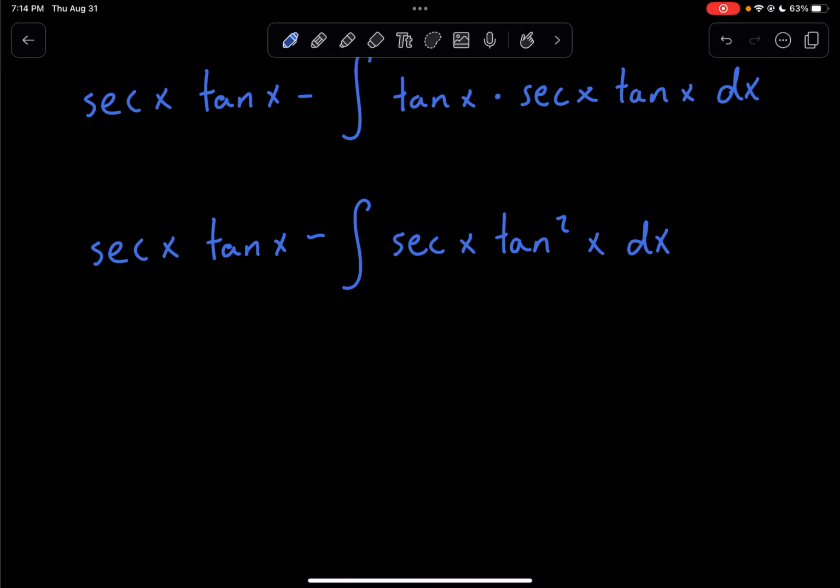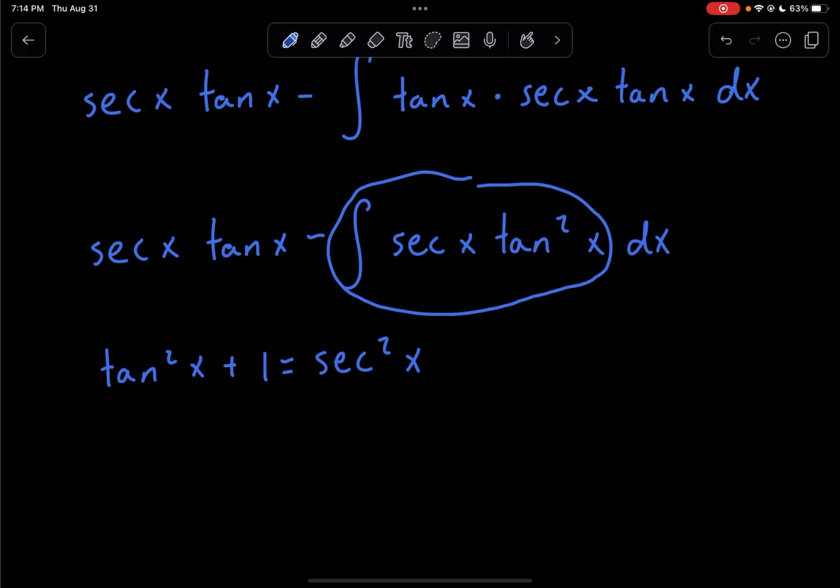From here, we can use our trig identities. So we know that tangent squared x plus 1 is equal to secant squared x. So we can use that to make this integral in terms of only secants.